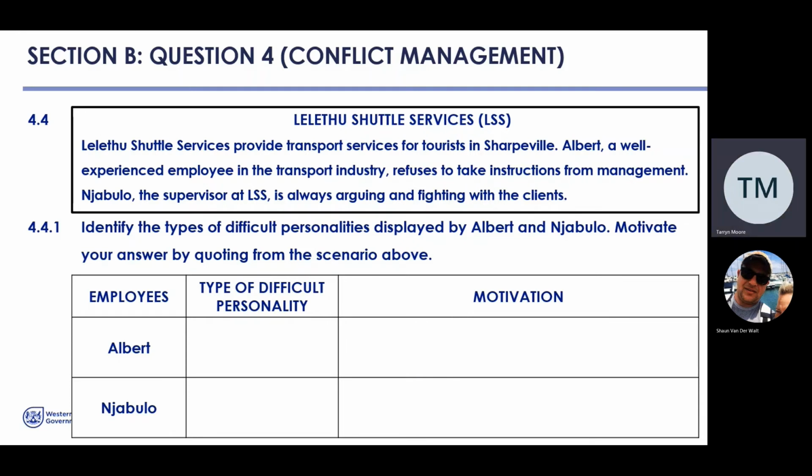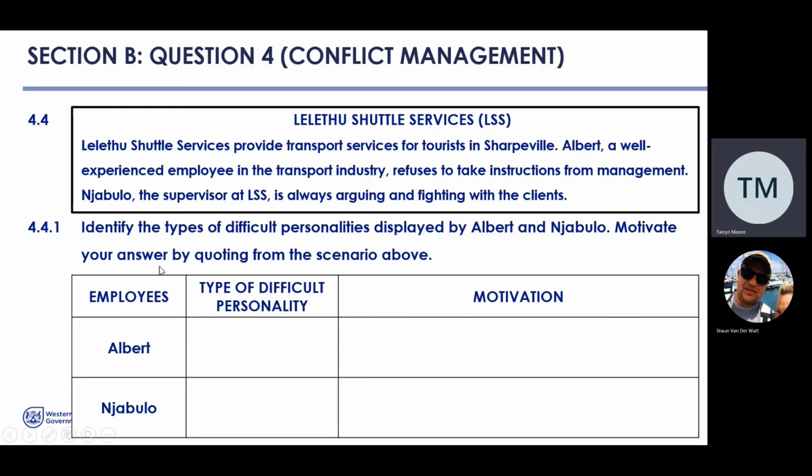We cannot start reading the scenario until we've read the question. Again, I'm going to say to you that you need to be able to use the table that is provided for you as a guide. It has to be a guide that guides you as to how to answer the question.